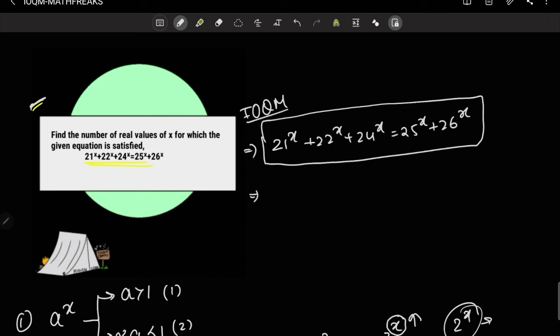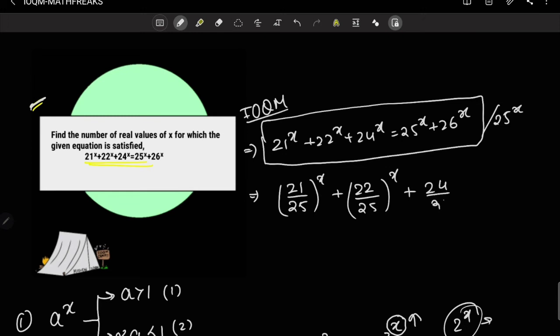If we do so, we will get (21/25)^x + (22/25)^x + (24/25)^x = 1^x + (26/25)^x.